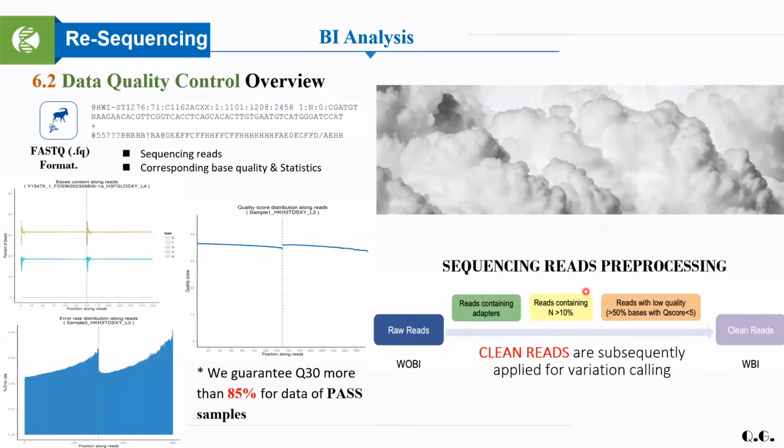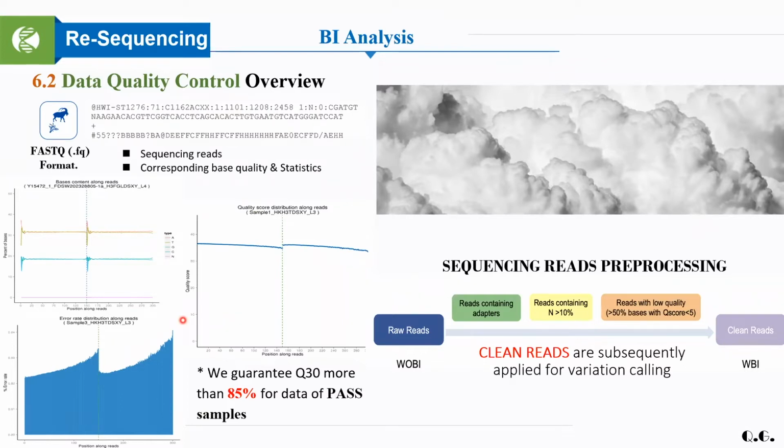So using Illumina sequencing as an example, the raw reads are saved in FASTQ format, and it contains the sequencing reads information and the corresponding sequencing quality information. In the quality evaluation, the distribution of sequencing error rate, the quality score, and GC content are presented here to reflect the quality of the sequencing data.